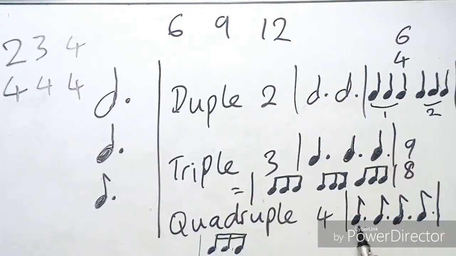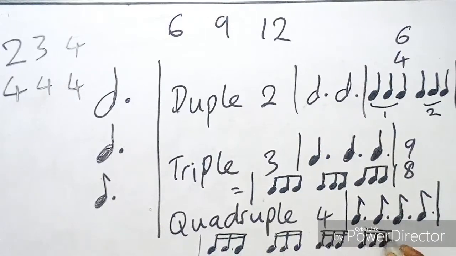So if 1 dotted quaver is equal to 3 semiquavers, then 4 dotted quavers will give us 12 semiquavers. So with this, we now have 12 semiquavers in a bar, 3 semiquavers representing 1 dotted quaver.